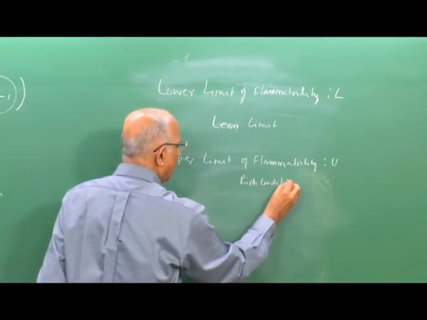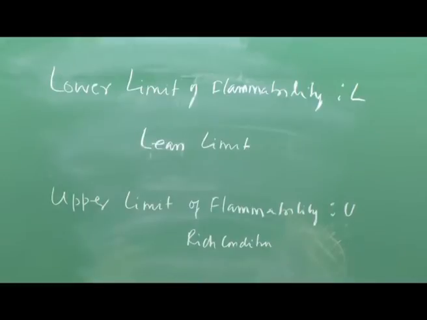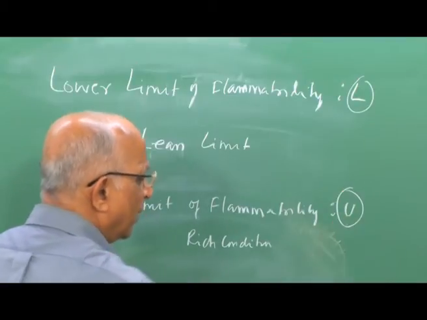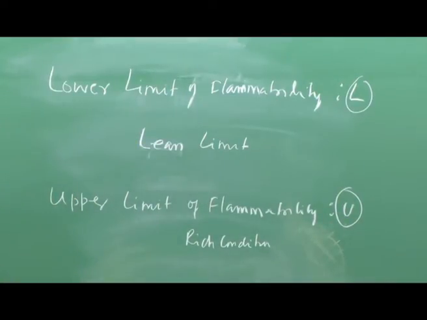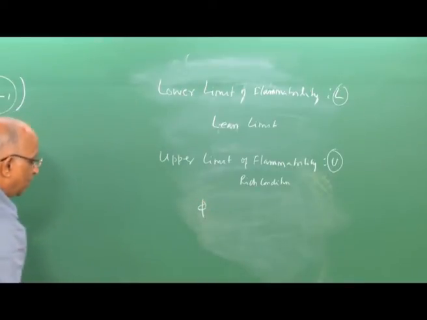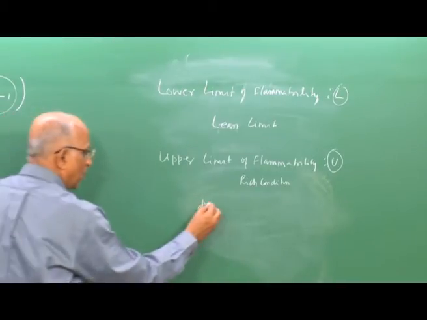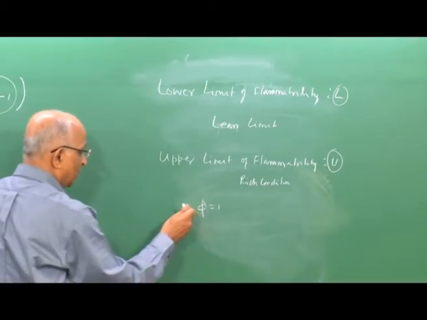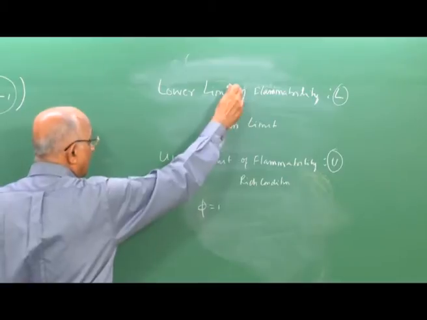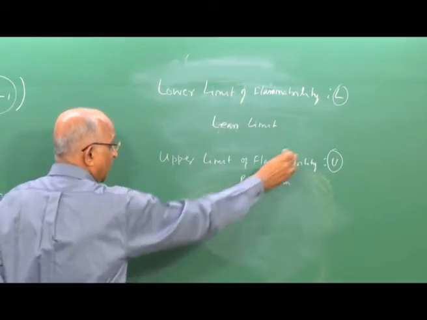Therefore, in practice I have two limits, the lean limit of flammability and the rich limit of flammability, namely L and U. And how do we specify them? We could specify them by the equivalence ratio: phi equal to 1 is stoichiometry, when phi is very small I have the lean limit, and when phi is very much larger I have the rich limit.